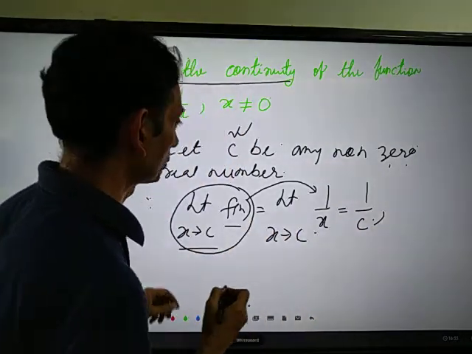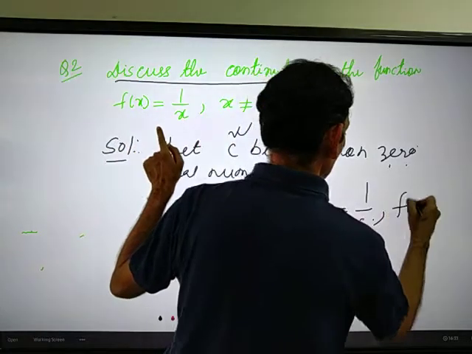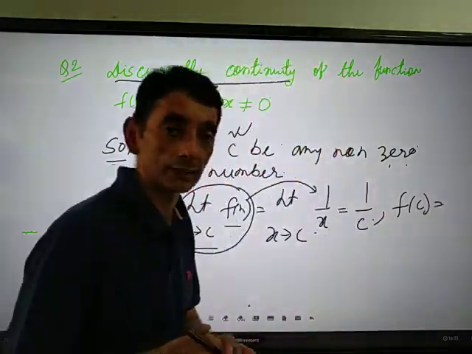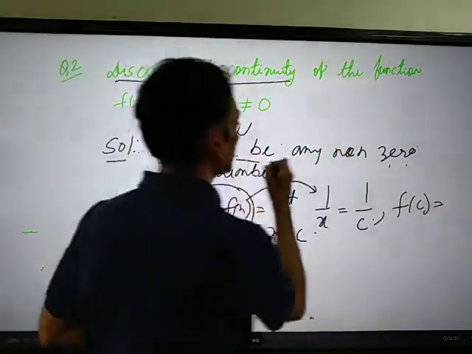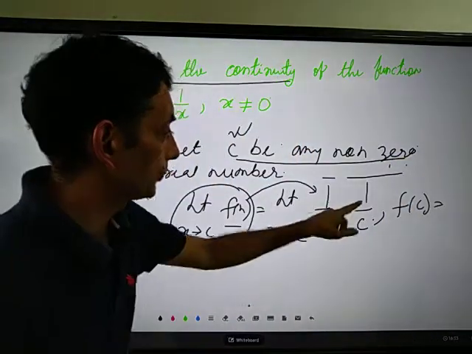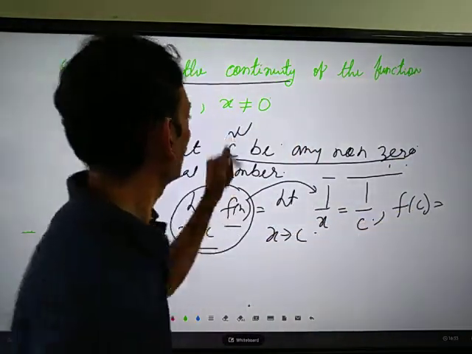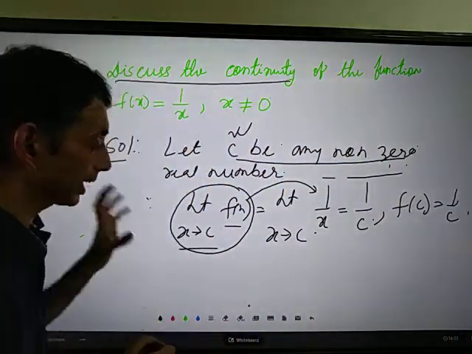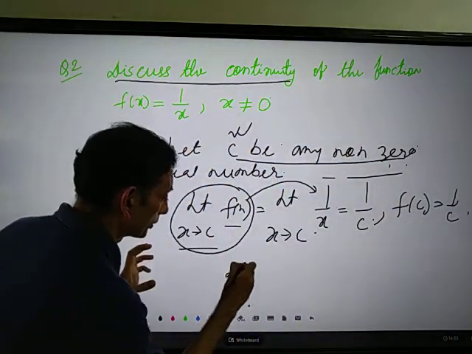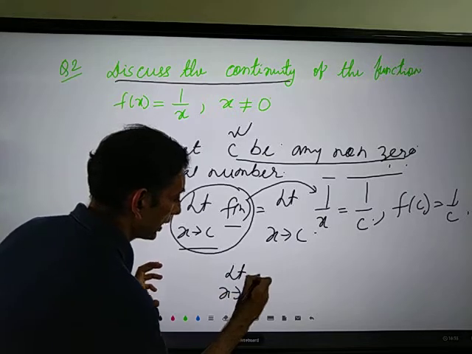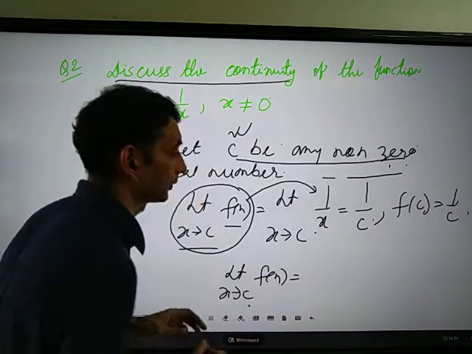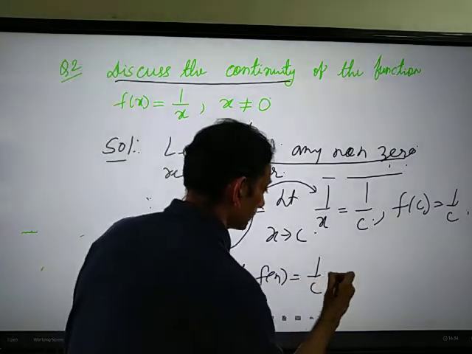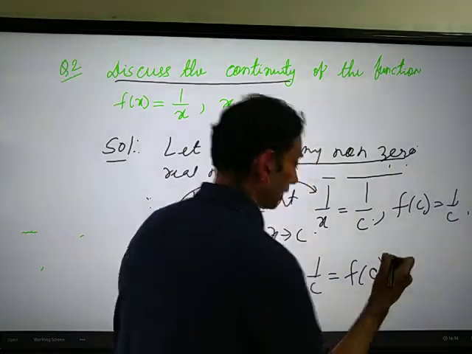Apart from that, what is the functional value? Can we substitute the c value? Yes, because c is a non-zero number. f(c) is equal to 1 by c. So the limit as x approaches c of f(x) is equal to 1 by c, which equals the functional value.